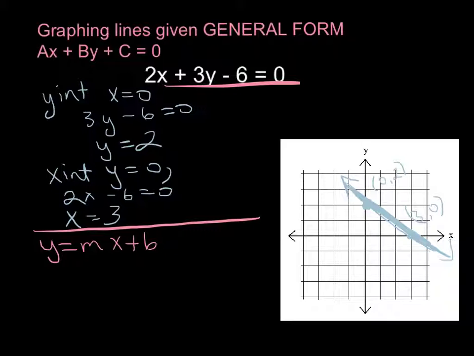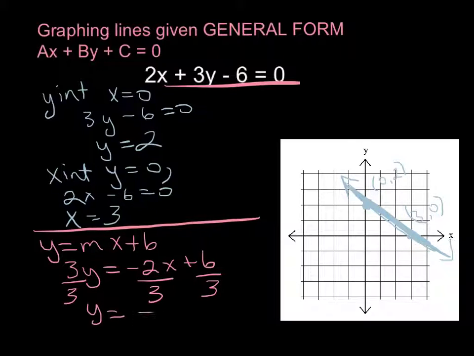So let's start off with 3y equals negative 2x plus 6. So move everything over except for the term that has the y, and then divide everything by 3. And we end up with y equals negative 2 over 3 x plus 2.